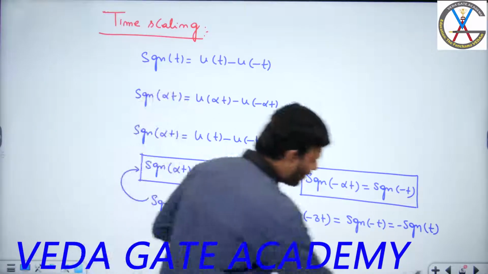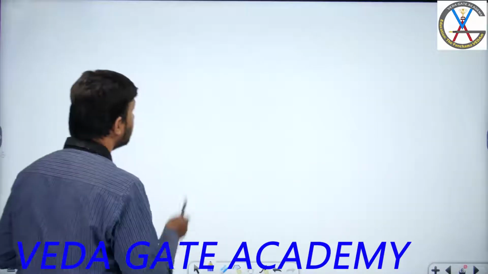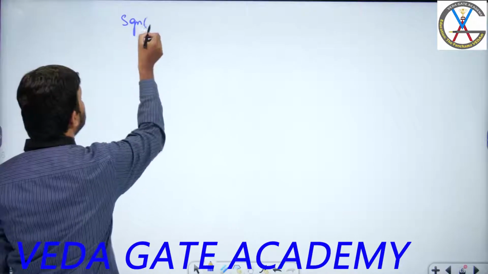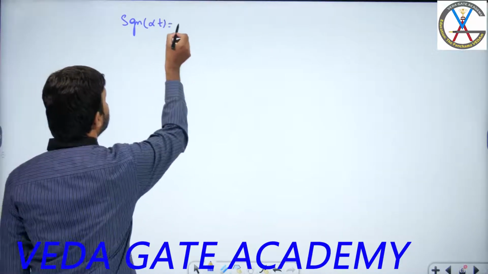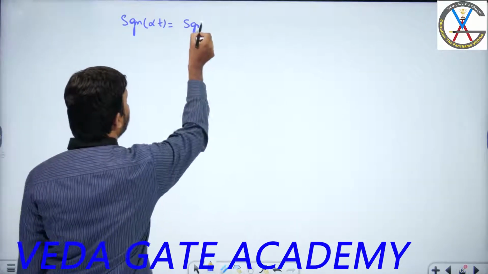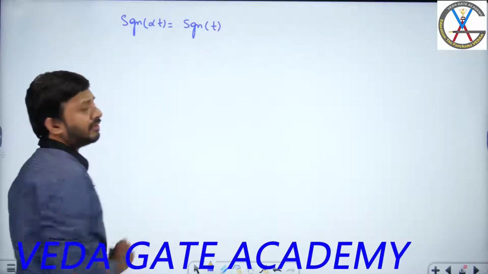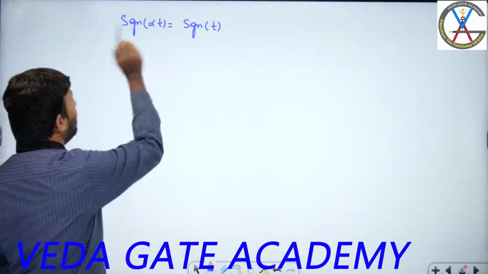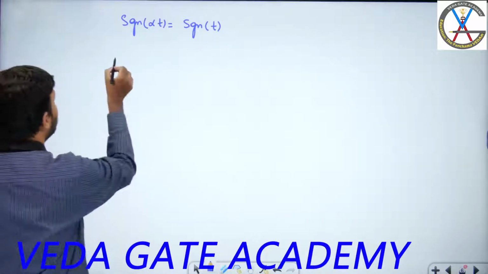Now, from this we'll try to get some more insights from this expression. What are those? Let's observe like this. Signum of alpha t is nothing but signum of t. Now, what happens if I replace t with t plus or minus t naught?